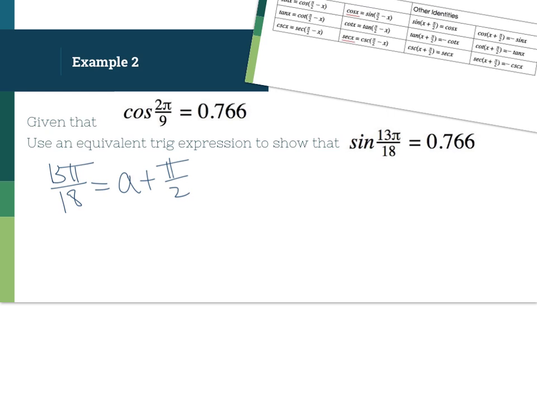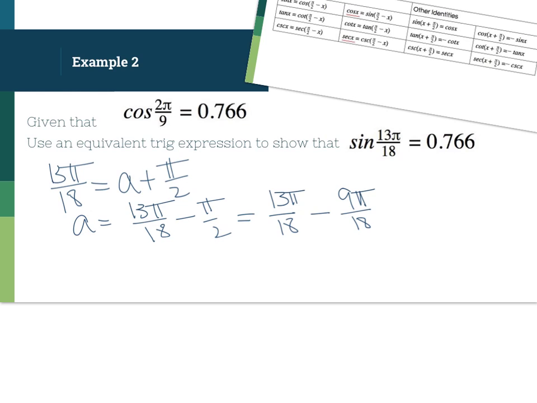So I'm going to use a as my variable, but 13 pi by 18 is equal to a plus pi by 2. I'm going to solve this equation. Rearranging, I get a equals 13 pi by 18 minus pi by 2. Finding a common denominator, I get 13 pi by 18 minus 9 pi by 18. Reducing 4 pi by 18, I get 2 pi by 9.